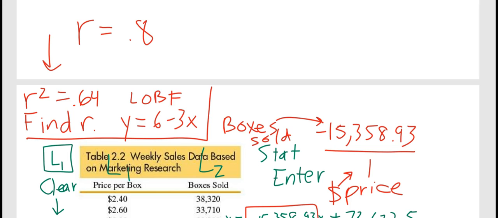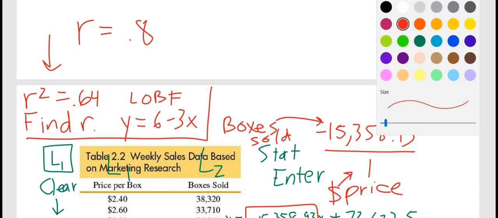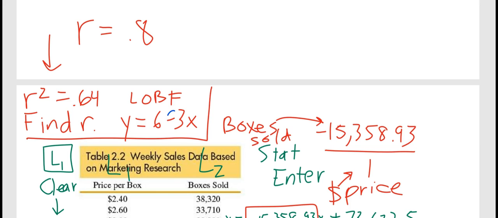The sign of the slope and the sign of the correlation coefficient have to match. So when you saw that the line of best fit had a negative slope, you should have made the correlation coefficient negative. It's not just enough to take the square root of 0.64. You have to pay attention to the slope, because the signs have to match.